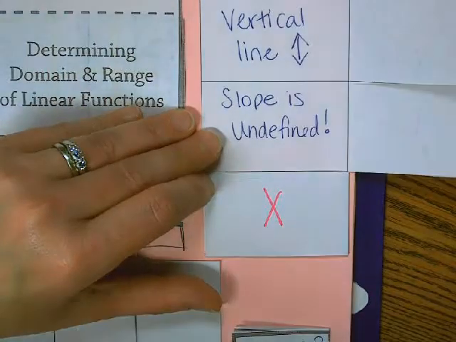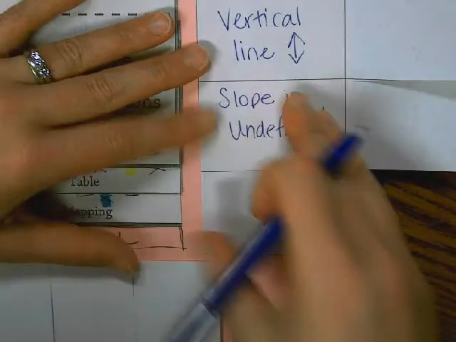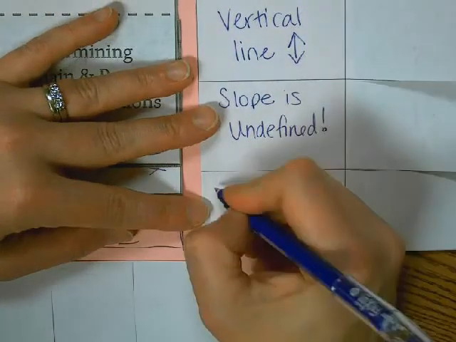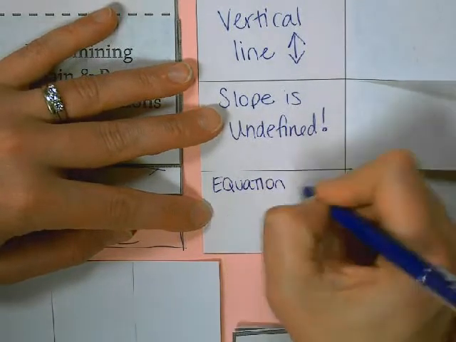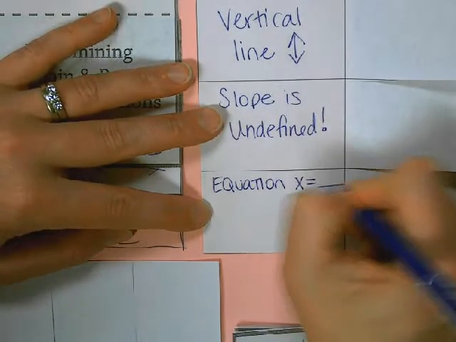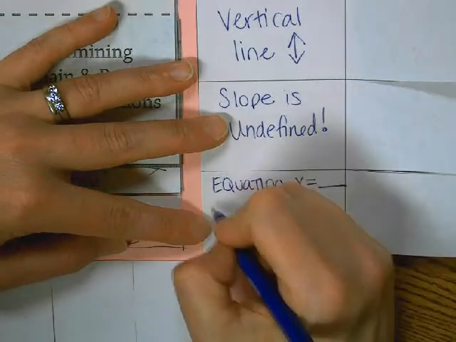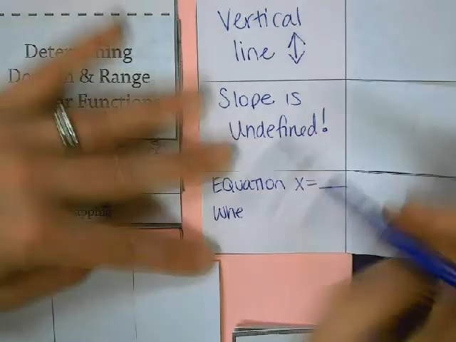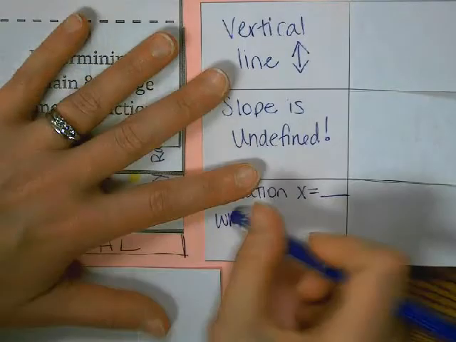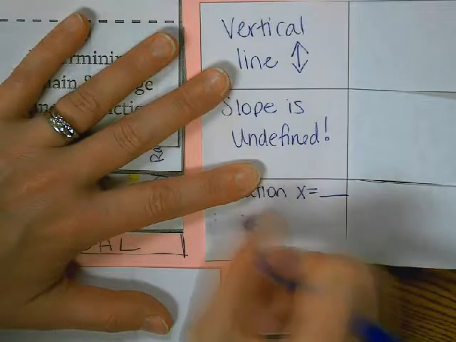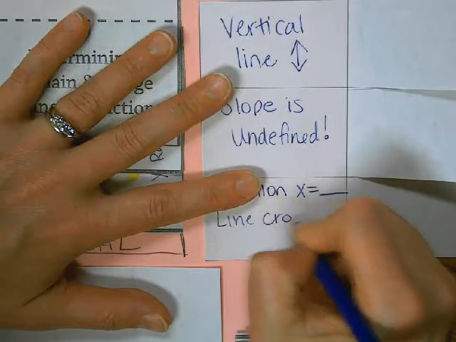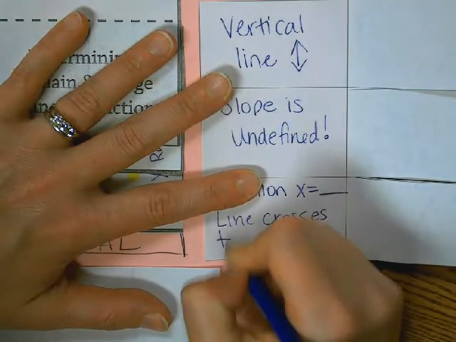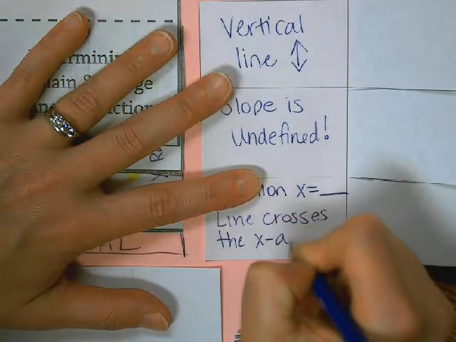Remember when Slope Dude fell off the cliff, he died and yelled undefined. And the X stands for the fact that we would write an equation as x equals something, and the line crosses the x-axis.